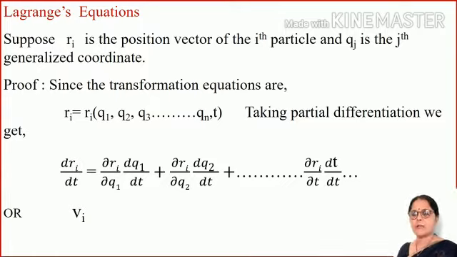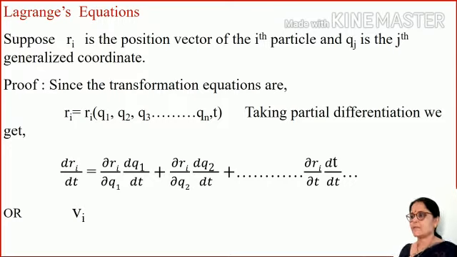By taking partial differentiation, we get dRi/dt is equal to dRi/dQ1 into dQ1/dt plus dRi/dQ2 into dQ2/dt plus dRi/dt into dt/dt.